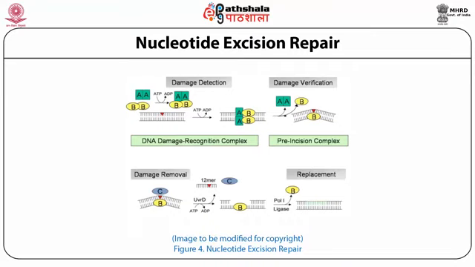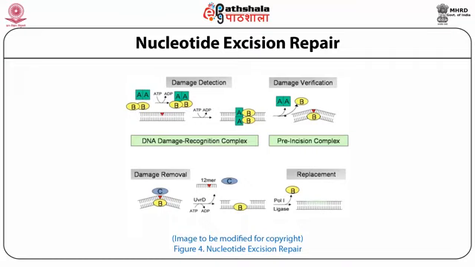UvrA dissociates from the complex after damaged site recognition at the expense of ATP hydrolysis. Endonuclease UvrC then joins UvrB and makes a 5' incision at a distance of 7 nucleotides from the damaged site and another 3' incision which is 3 to 4 nucleotides away from the damaged site.